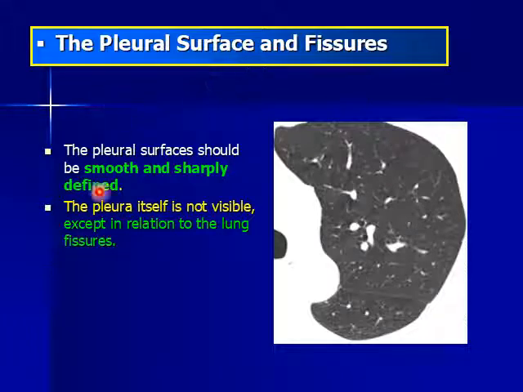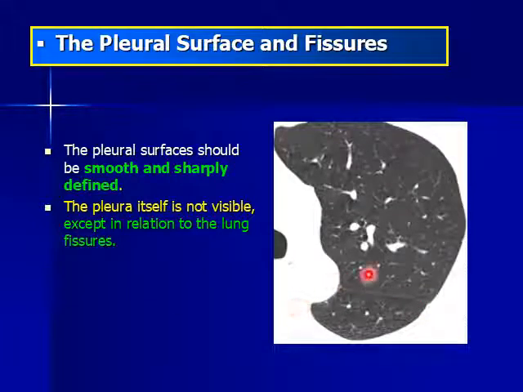Regarding the pleural surfaces and fissures, you know we have visceral and parietal pleura, and according to its location, it is called the mediastinal or costal pleura and diaphragmatic pleura, and so on. But actually, we cannot easily see the pleura on the surface of the lung. So we use fissures to comment on the pleura.